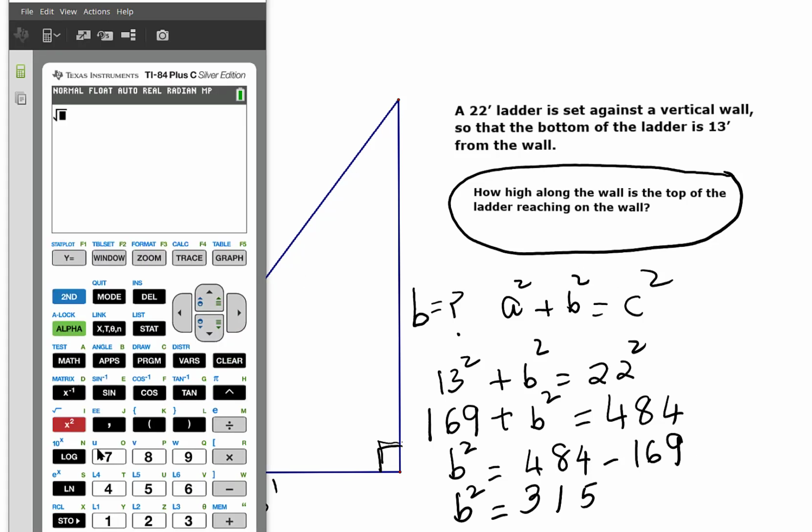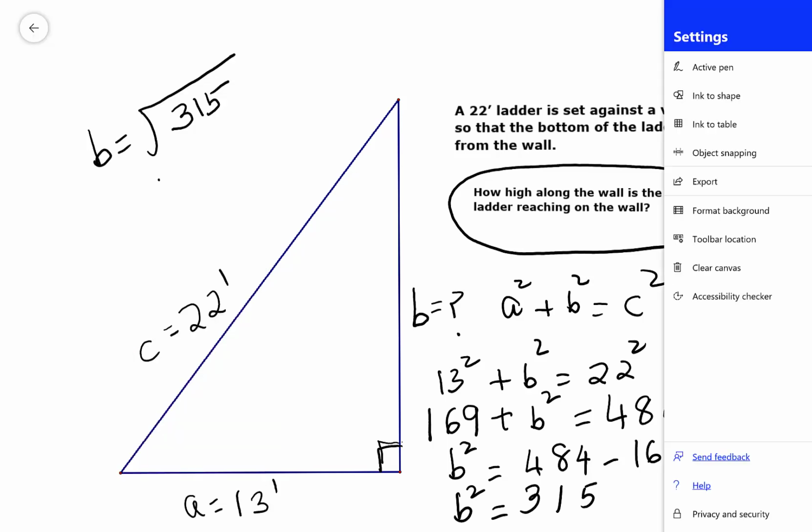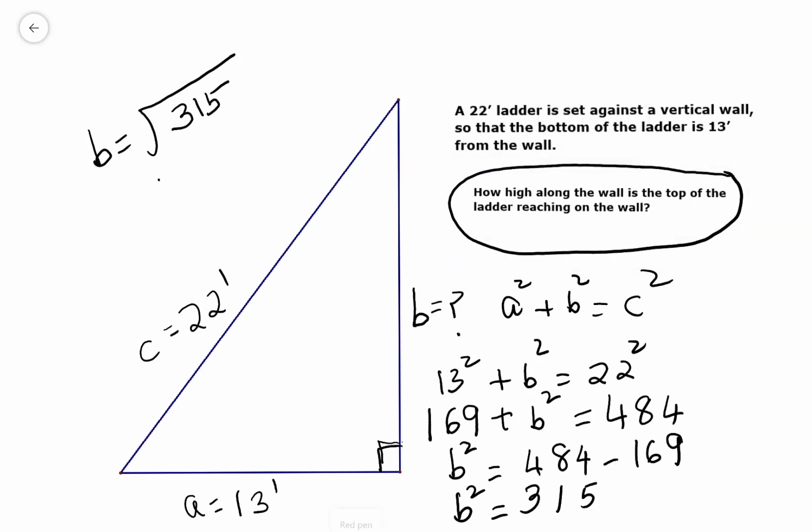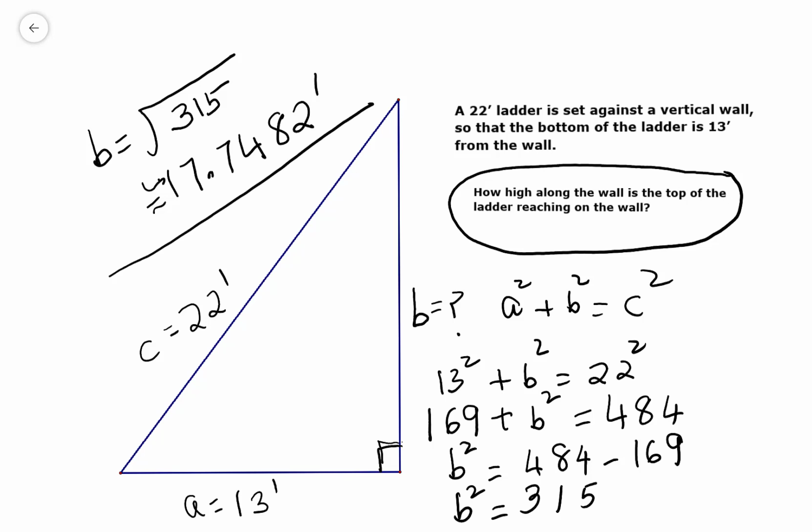We will just ask it for the square root of 315, and that is 17.7482 if we round to 4 digits after the decimal. So we have this quantity as 17.748 feet approximately.